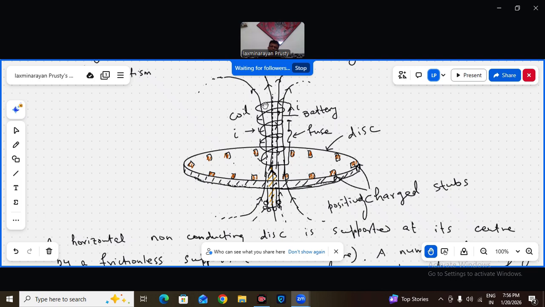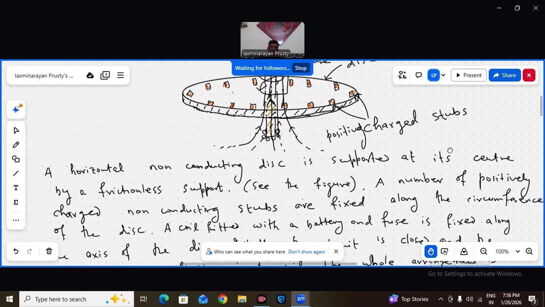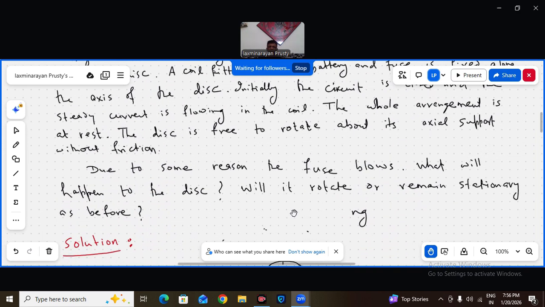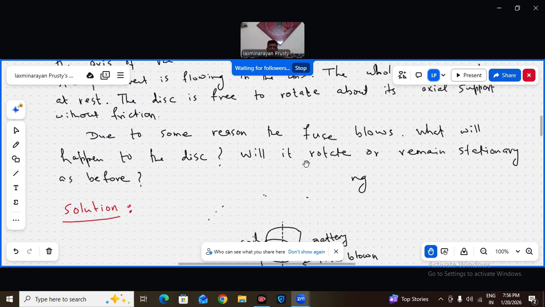The current will stop flowing, reduce to zero. So what will happen to the disk? Will it rotate or remain stationary as before? Okay. What will happen?